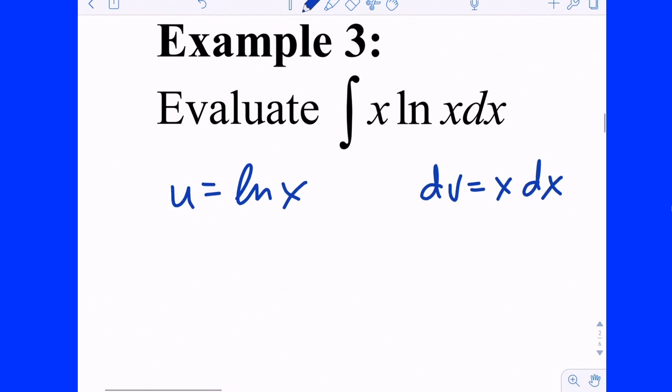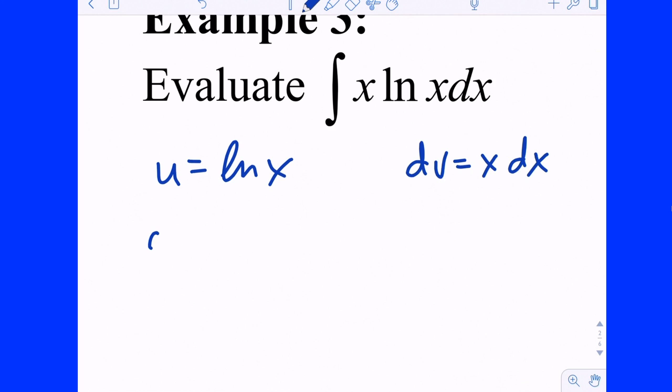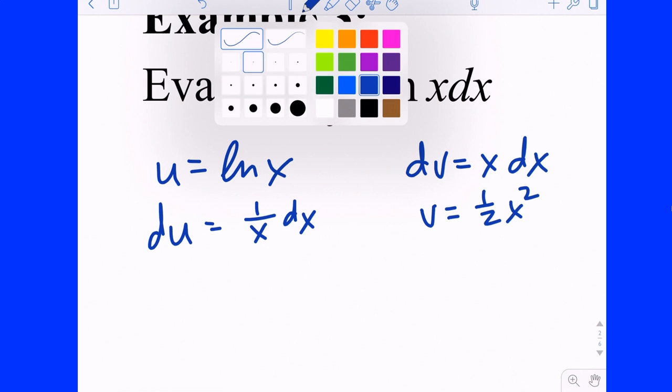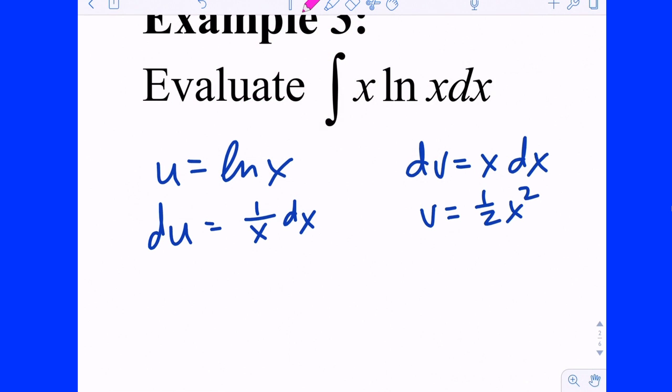All right. What would du be? 1 over x dx, and then v would be 1/2 x squared. Now, doing the backward Zorro.